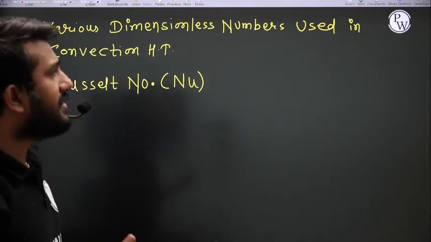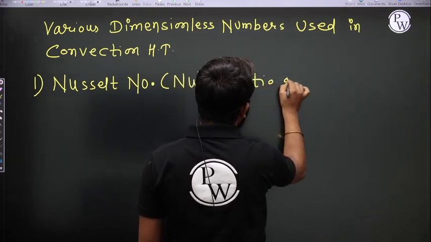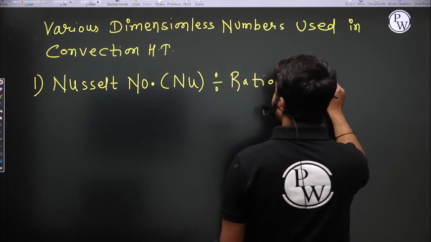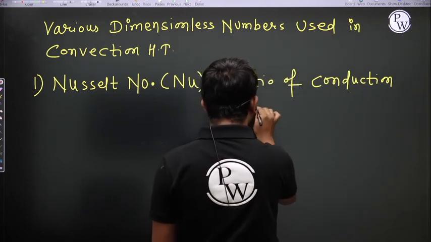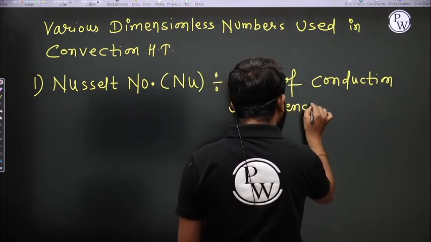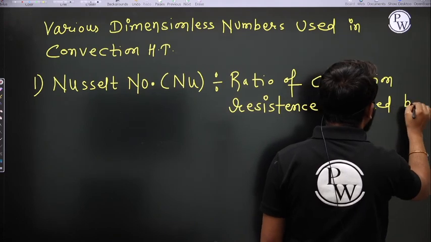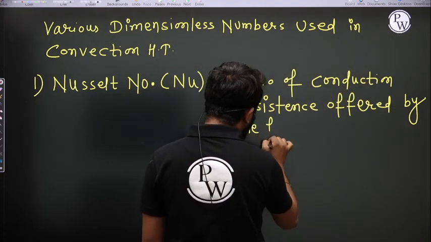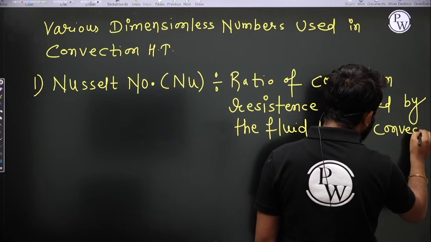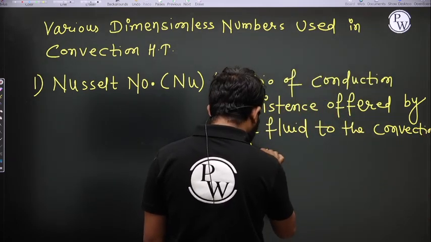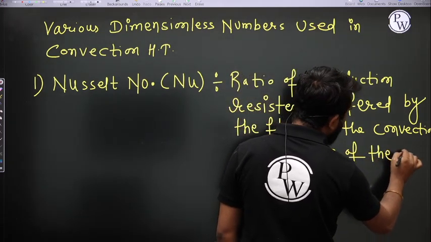So what is the Nusselt number? The Nusselt number is the ratio of the conduction resistance offered by the fluid to the convection resistance of the fluid.